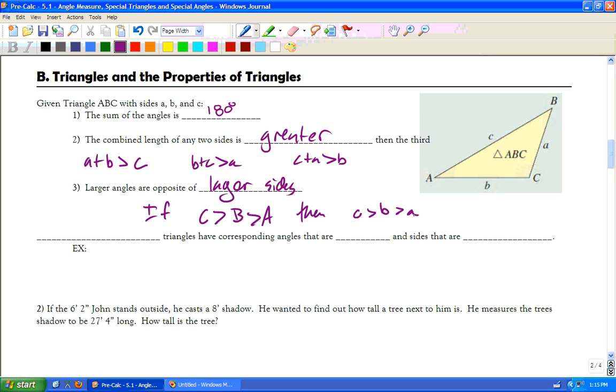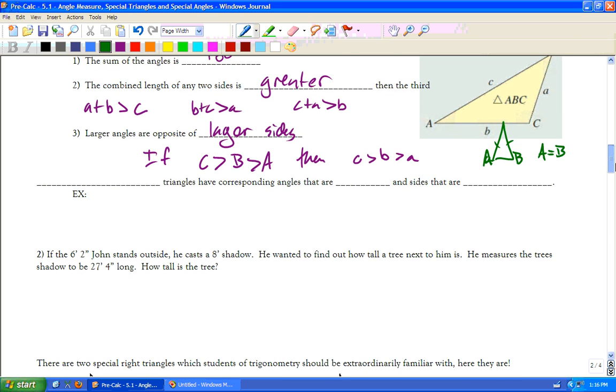Another way of saying this, you can think of isosceles triangles. There's a similar idea that in isosceles, if these two angles, A and B, are equal, that means the two side lengths would also be equal. But basically the relationship is if a side is bigger, that means the angle opposite of that will also be bigger.